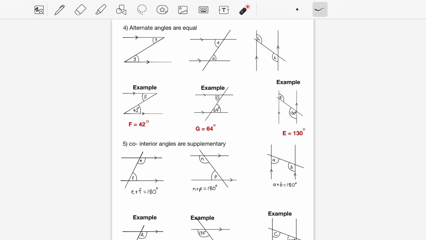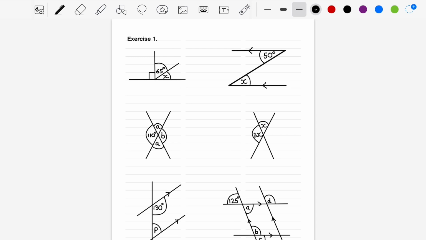Alright, so let's try some questions. Now we are equipped to do an exercise. We just went through a couple of rules. We went through complementary angles, supplementary angles, opposite angles, co-interior angles, alternate angles, corresponding angles, angles meeting at a point, angles in a circle, right?